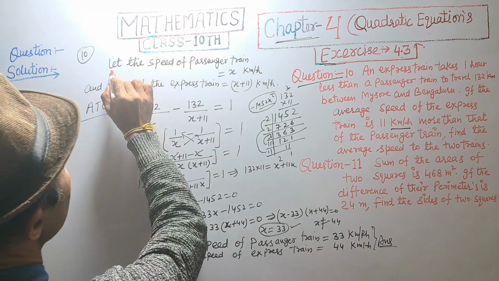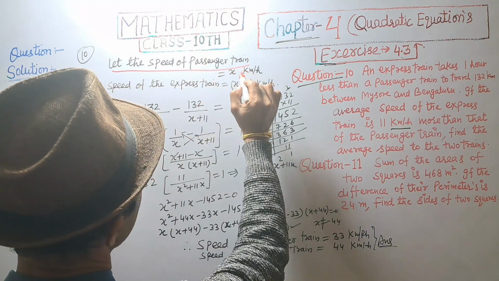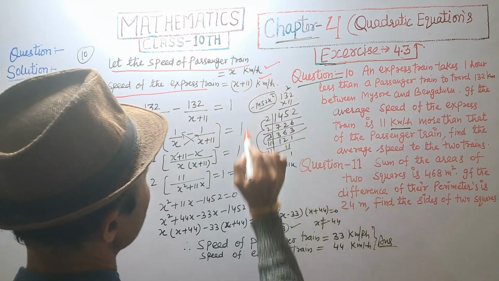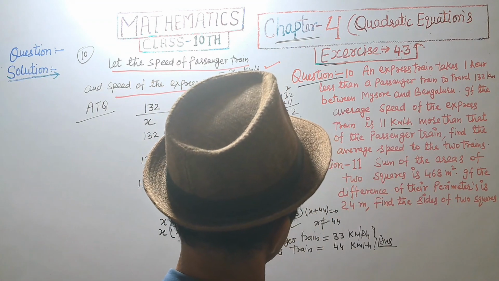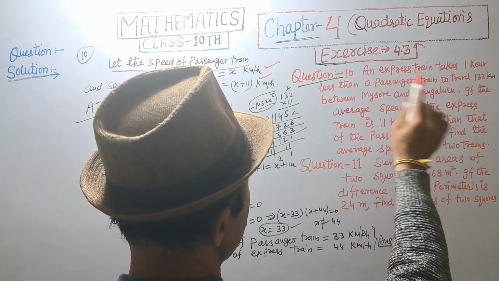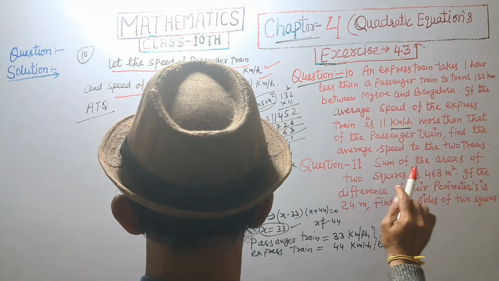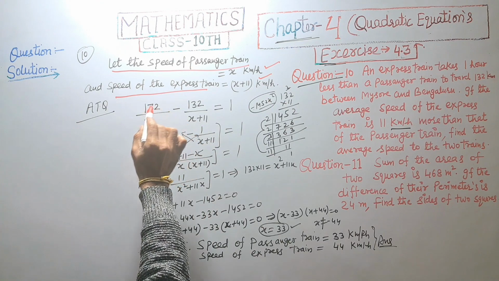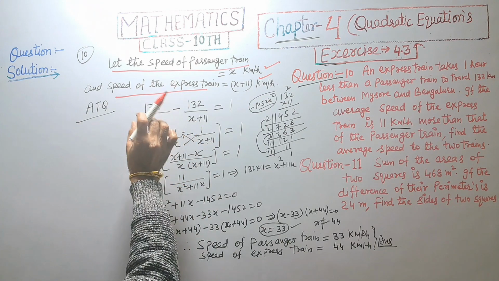Answer. Let the speed of the passenger train be x kilometer per hour and the speed of the express train be x plus 11 kilometer per hour. The express train takes 1 hour less than the passenger train, and the distance is 132.